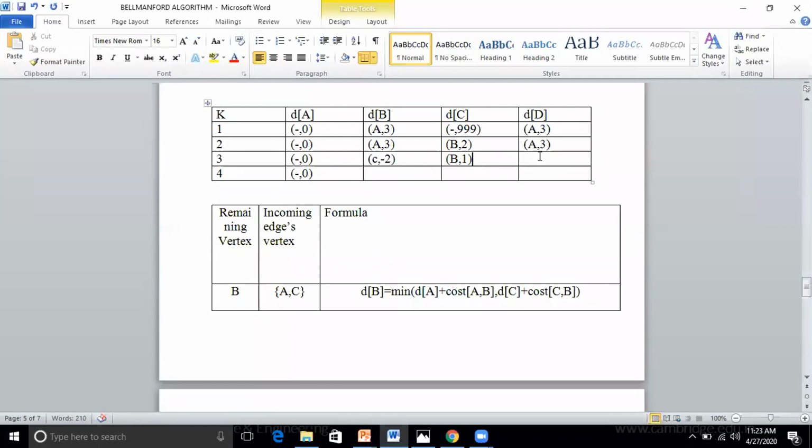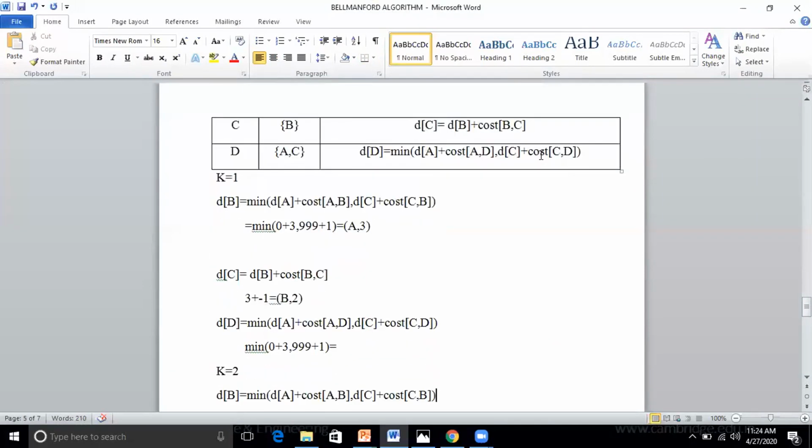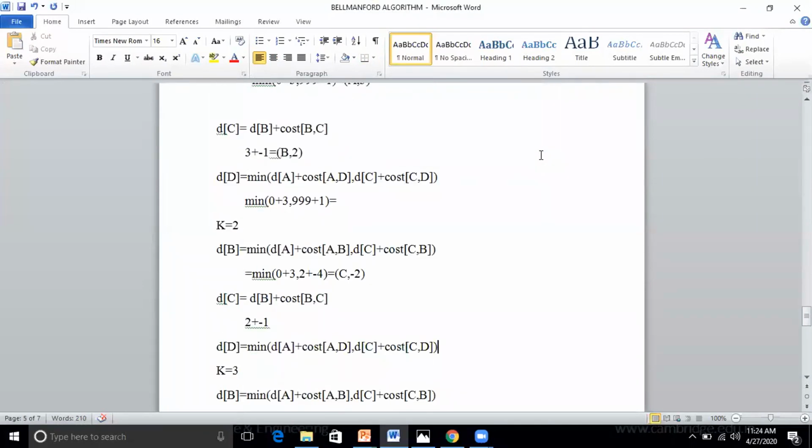Okay, what about this? Distance of D. What is the formula for distance of D? D of A, what is D of A? Min of 0 plus 3. A to D is 3. D to C is how much?